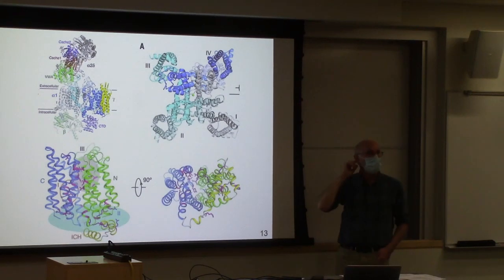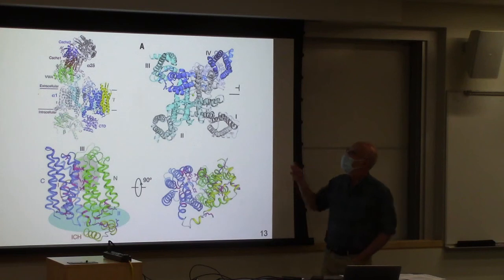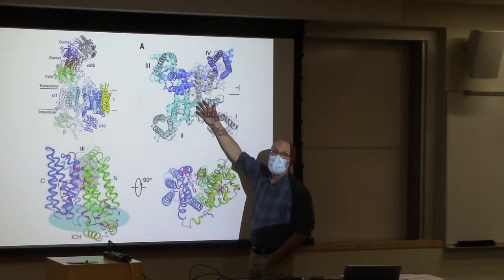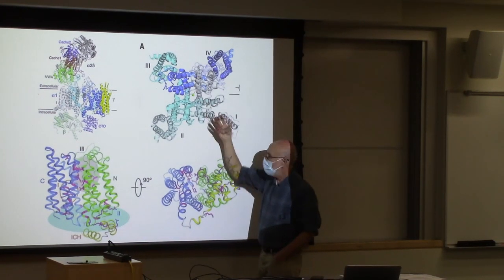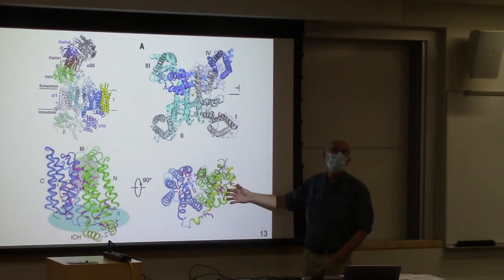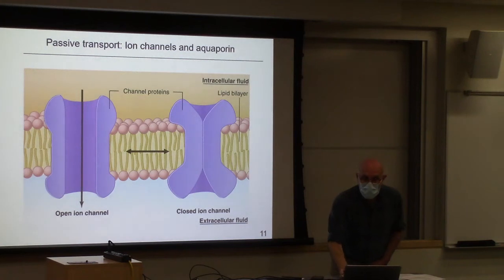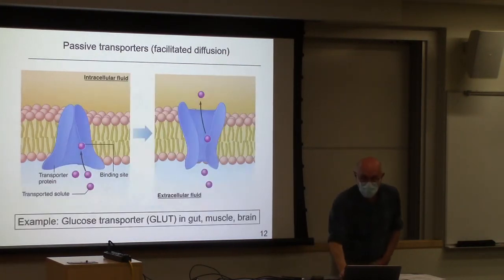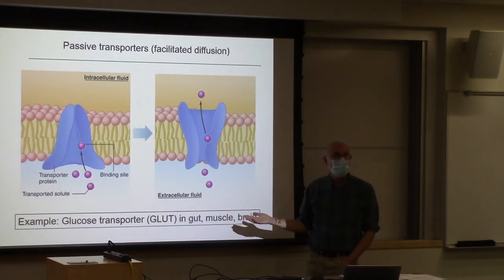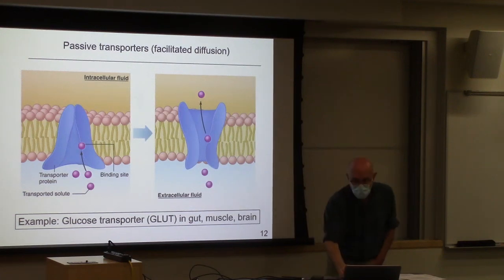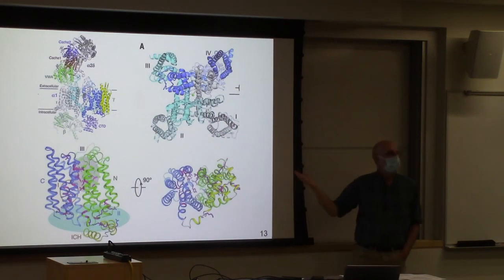You know that from the poster project that you did in CellPhys. So here is a ribbon diagram of a channel, and here is a ribbon diagram of a uniporter. And so even though we are going to be seeing them like this and like this a lot, you should remember in your brain that they really look more like this.